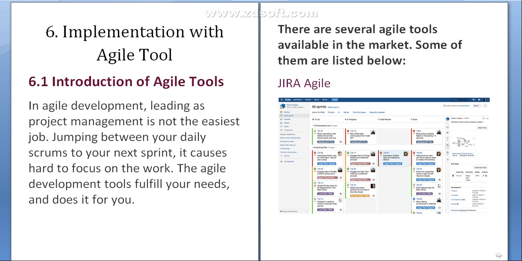Means when we are developing the project by using the agile methodology, what are the different tools available online so that we can manage the project online. So there are different tools when we adopt the agile methodology, for project management.